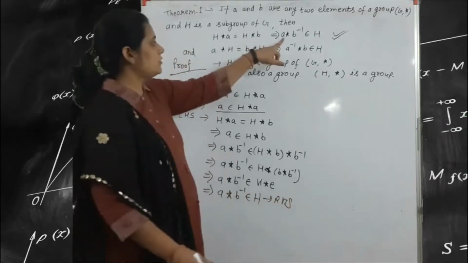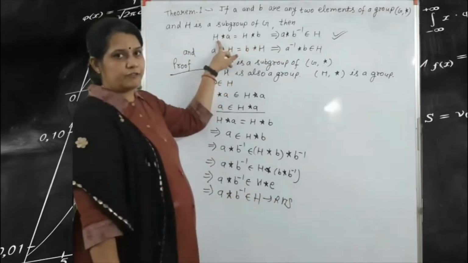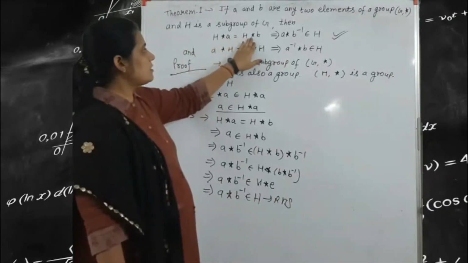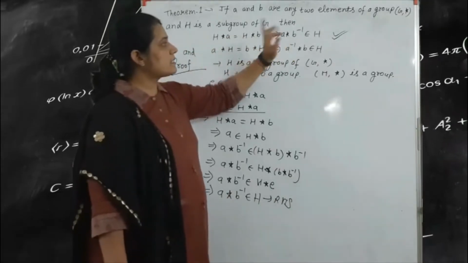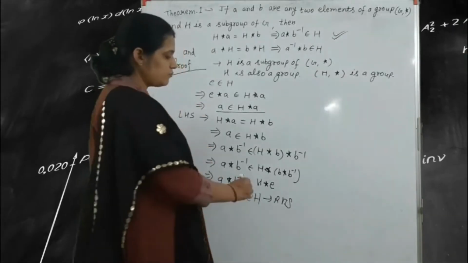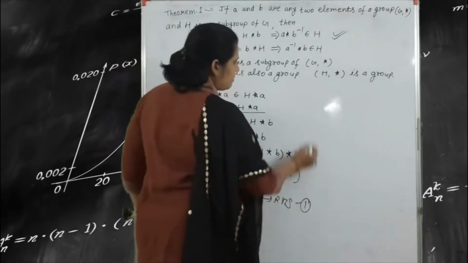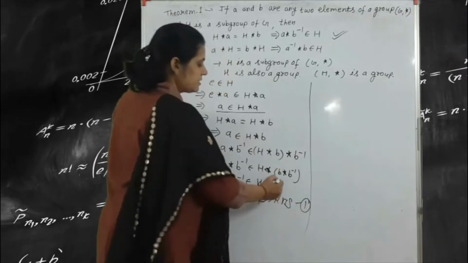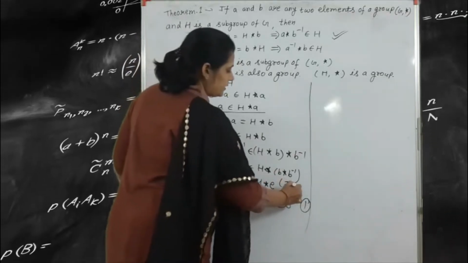We proved that for the first one, if H star A is equal to H star B, then A star B inverse belongs to H. That means the first is satisfied. The second one is the identity property.